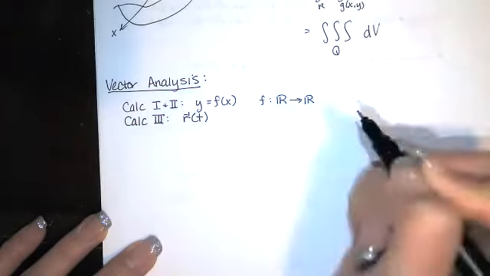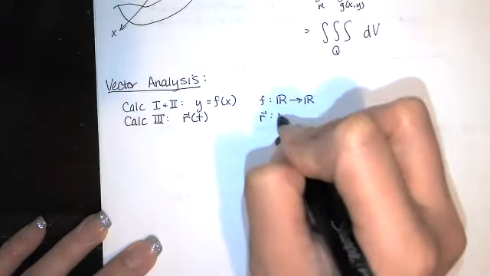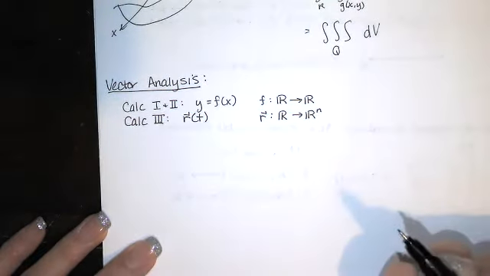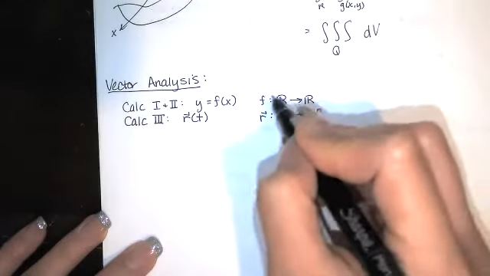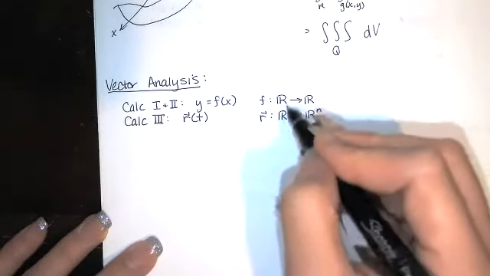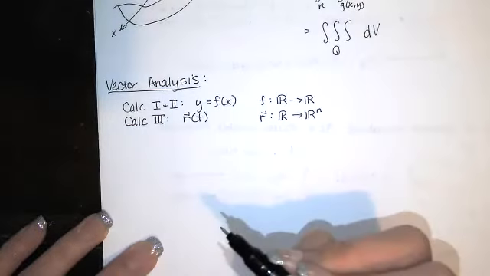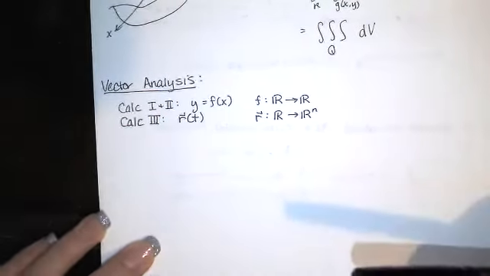Then we had r of t, which mapped from a real number t to a point over here. And actually, these should be defined on their domains, which are subsets of these real numbers, but I'm getting a little informal with my notation.